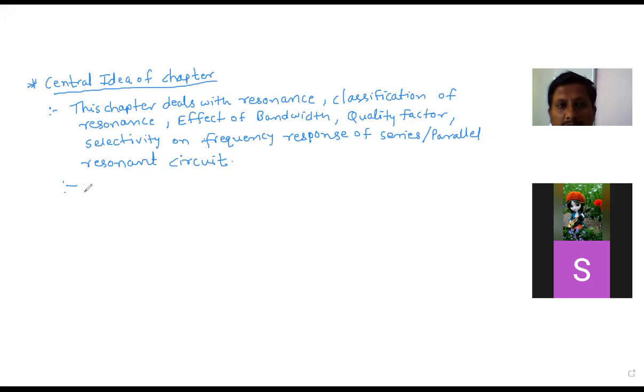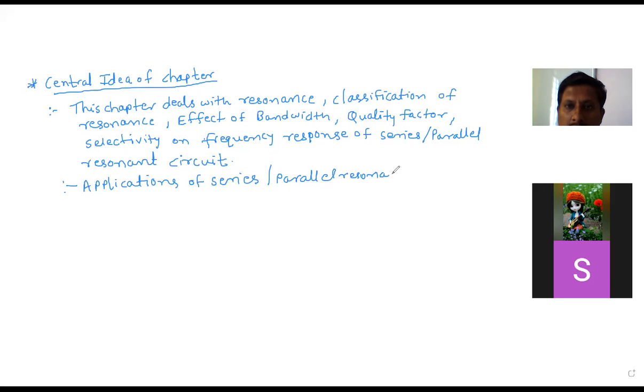And next, applications we are going to understand. Applications of series and parallel resonance circuits. Especially, for example, in communication systems we are going to use the series and parallel resonance circuit.